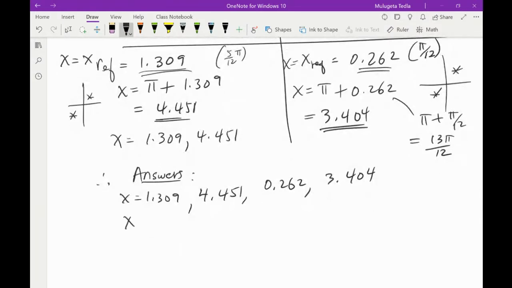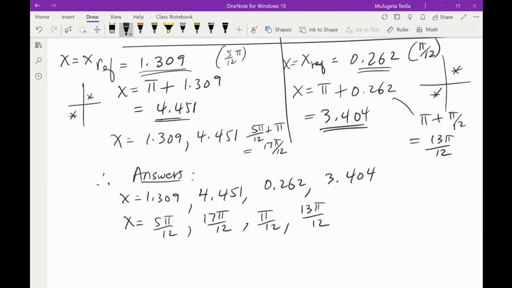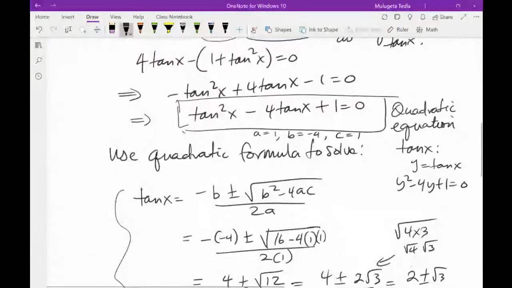Or, as Wissam helped us find, this one is 5 pi over 12. 4.451 is 5 pi over 12 plus pi, which is equal to 17 pi over 12. And then 0.262 is pi over 12, and then the sum is 13 pi over 12. These are the four angles which satisfy the equation they give us here.